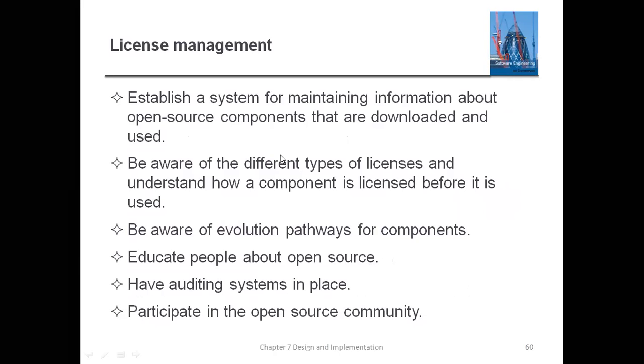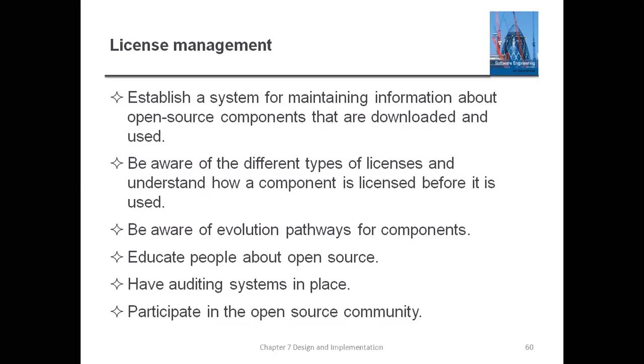If you want to go for license management, you have to establish a system maintaining all the information about open source components, and you can download and utilize them. If you have different types of license, then you have to understand how the component is being licensed and how we can utilize it.